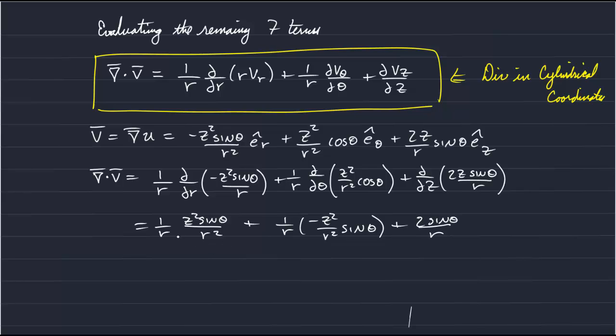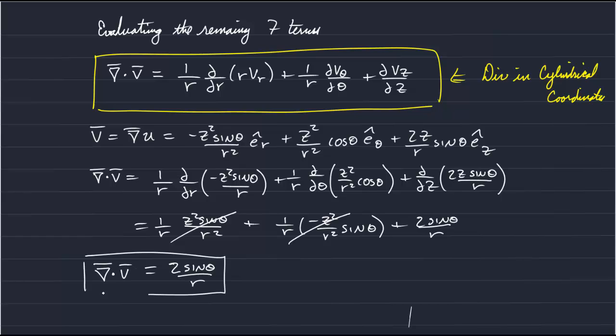And you can see that this term cancels with the second term, and the final solution is 2 sine theta over r. And note again that this is a divergence, so it's a scalar. The divergence of a vector is a scalar quantity, and it's equal to 2 sine theta over r in this case.